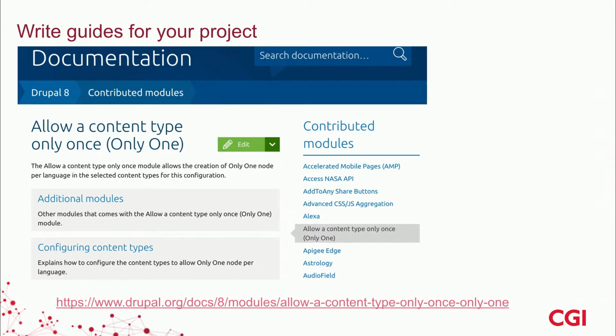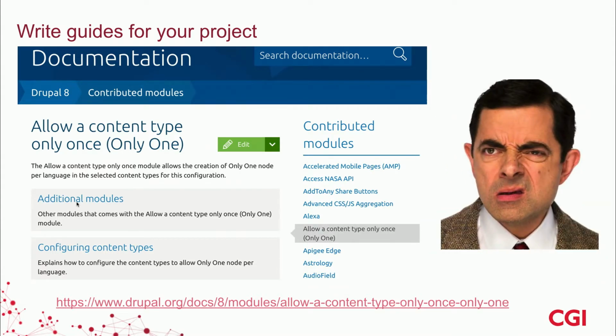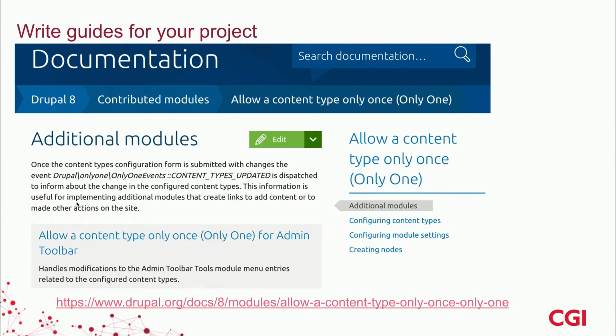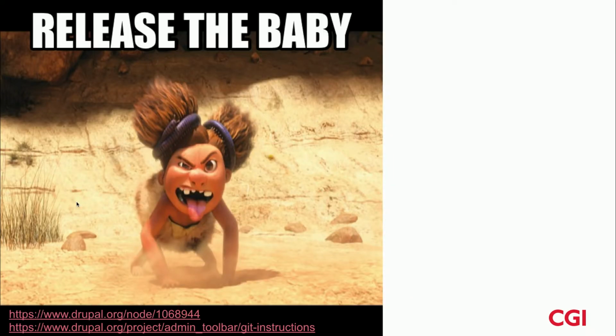You can add sections for the module and explain how to use the functionality. If your module has another module inside, you can add additional information here about how the other modules work. This is one example for the guide.